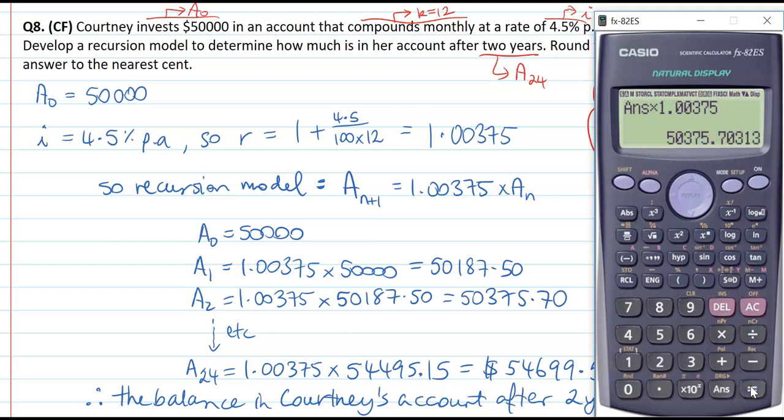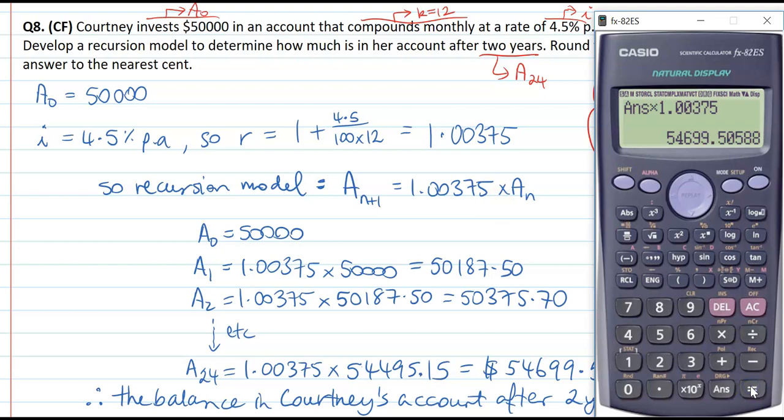So second recursion, third, fourth, fifth, sixth, seventh, eighth, and so on up to the 24th. We got there.